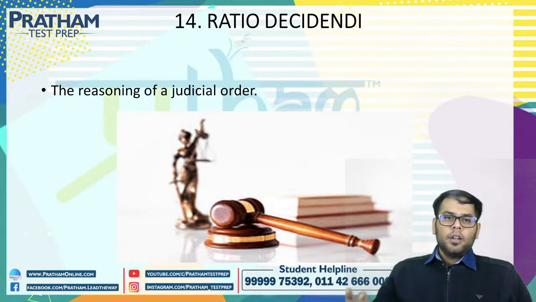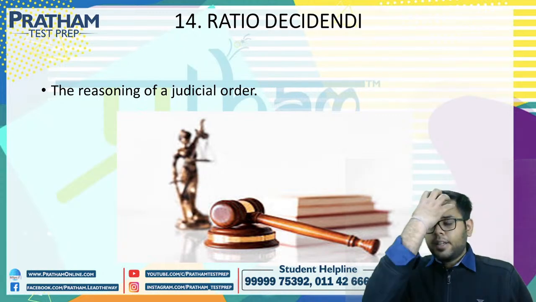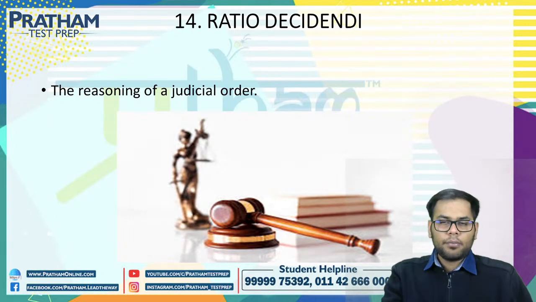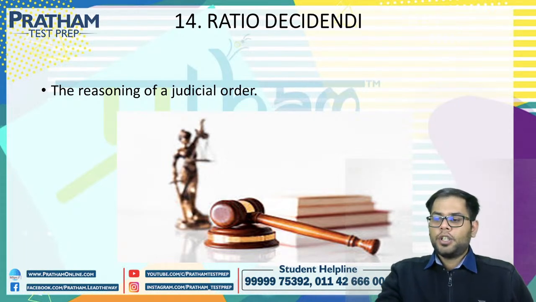Ratio decidendi means the reasoning of a judicial order, right? So a court is passing an order. What was the reasoning behind the court's mind while giving that order, right? They might have heard the whole case. What was the thought process that the court had while that order was being written is ratio decidendi. That is the reasoning for that judicial order, right?